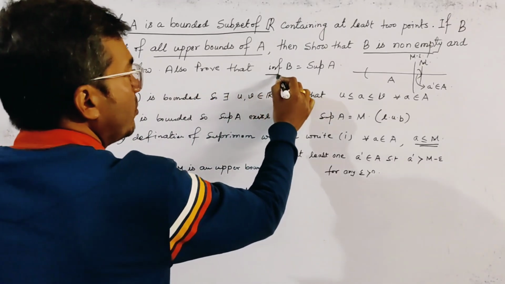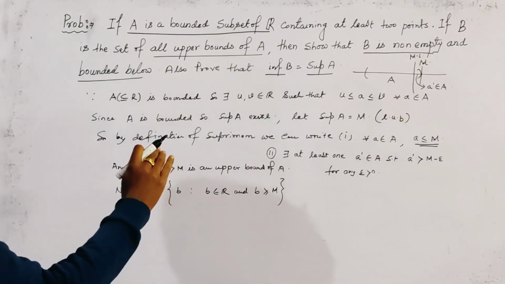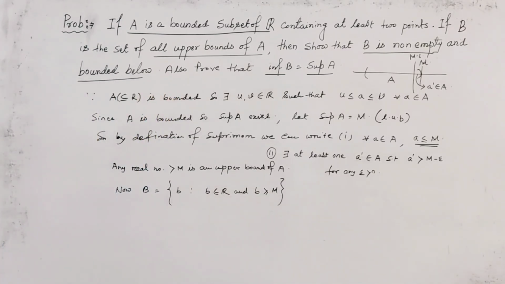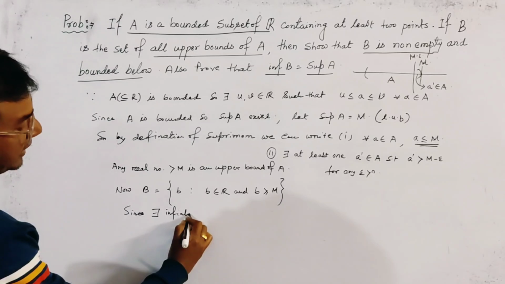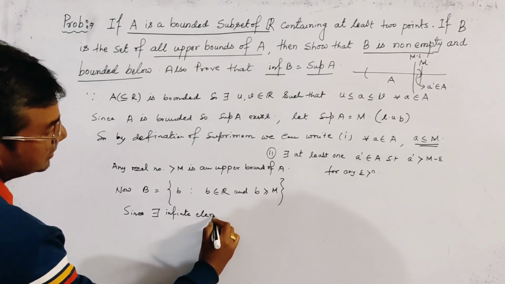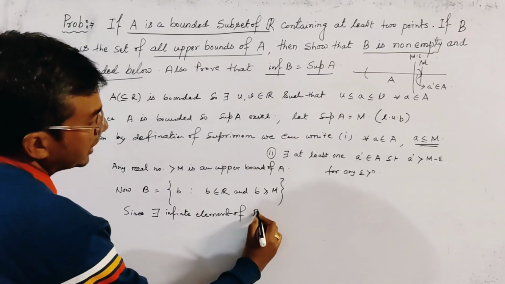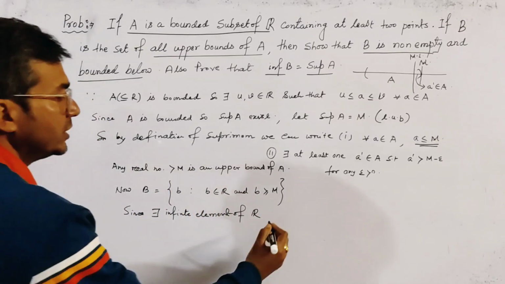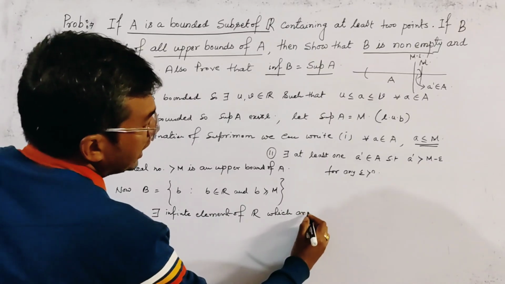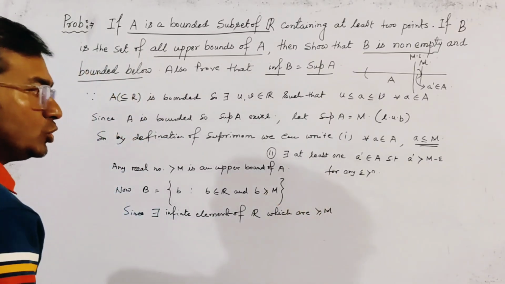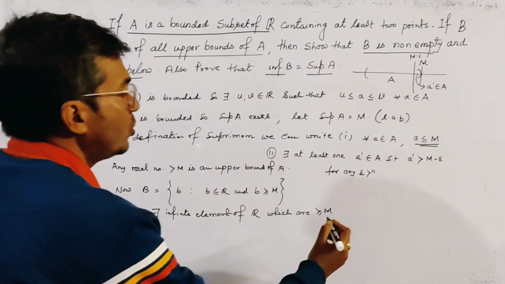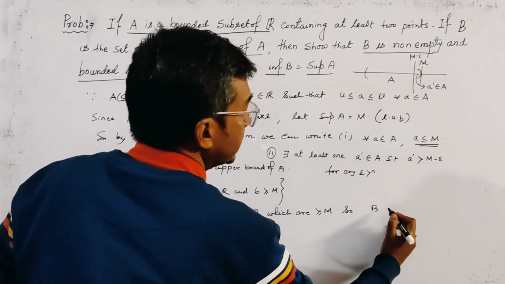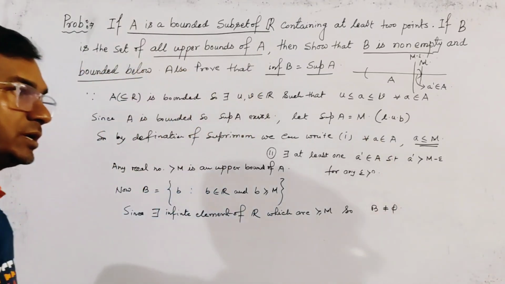Then we have to prove that infimum of B is equal to supremum of A. We prove one by one all three conditions, and we already say that since there exist infinite elements of R, the set of real numbers which are greater or equal to M. We know that greater or equal to M, there are infinite number of elements of R. So B is not equal to empty set, right?